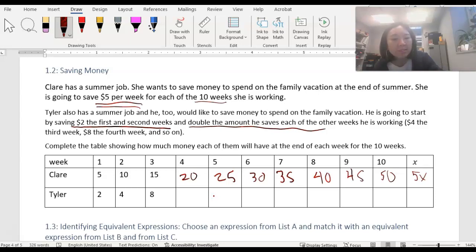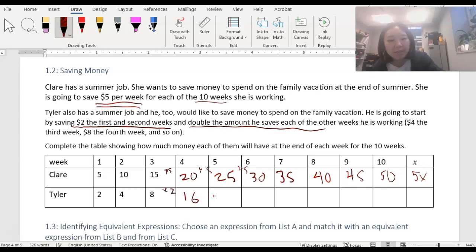Now, the third week, though, he's going to double the amount that he saves. So he is going to multiply that by 2, right? He's increasing that by 2. So instead of adding right here, we are adding 5 each time. Here we're going to be multiplying by 2 each time.